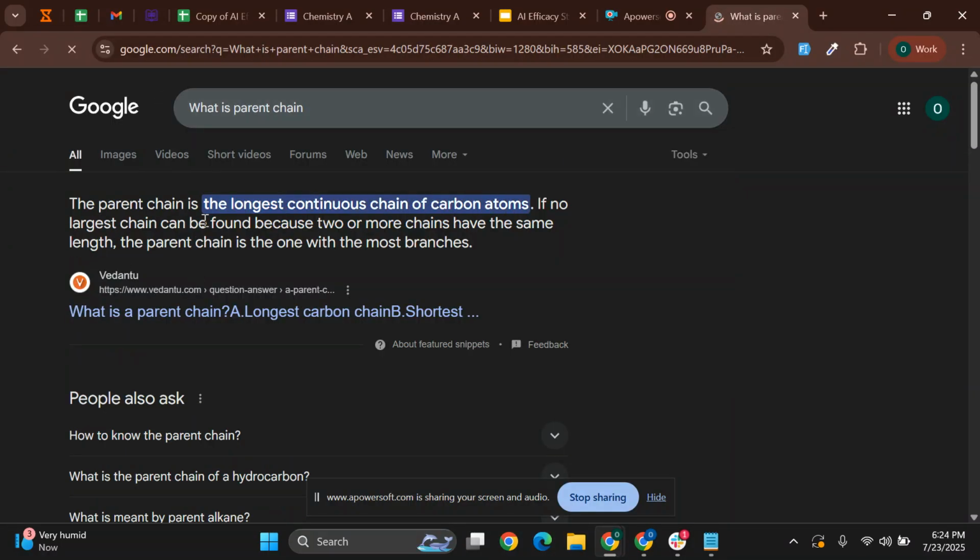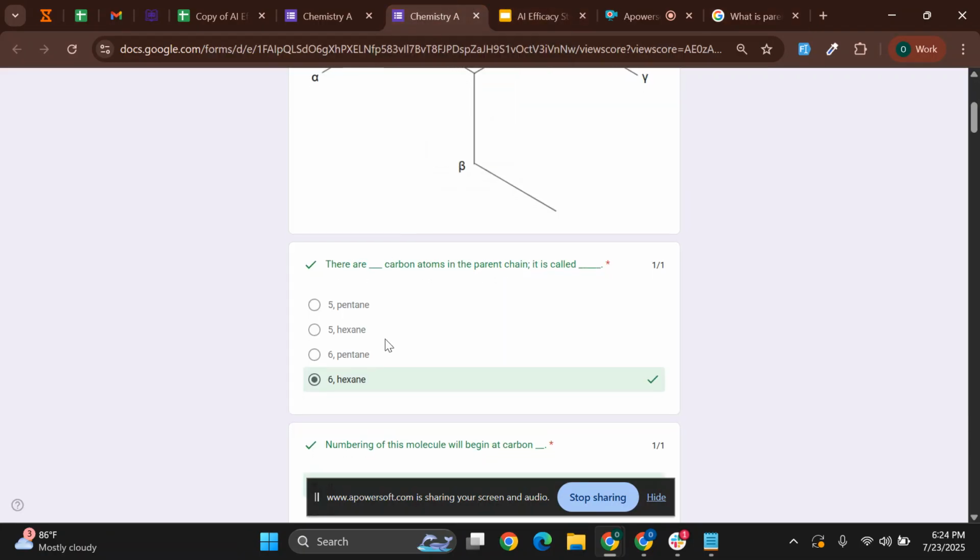The parent chain is the longest continuous chain of carbon atoms. If no largest chain can be found because two or more chains have the same length, the parent chain is the one with the most branches.